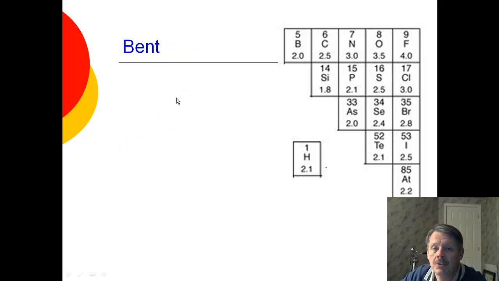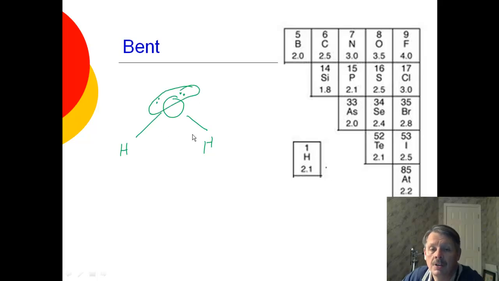Why? Because again, with oxygen, you're going to have two things coming off. With hydrogen coming down here, hydrogen coming down here, and now you've got two pairs of electrons up here. You can say, yep, that's going to be polar because these electrons up here are unshielded. Okay. So I'm not even looking at the electronegativity difference, right? And my electronegativity difference is significant in this case because that's 2.1.